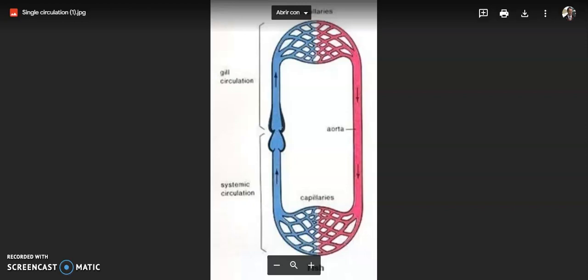We're going to make a brief explanation on the circulatory system based on what you have read, but most of all based on what you have answered in the homework. Okay, so we're going to make a basic explanation on the circulatory system. Obviously, so far, the circulatory system is in charge of circulating blood all around the body.